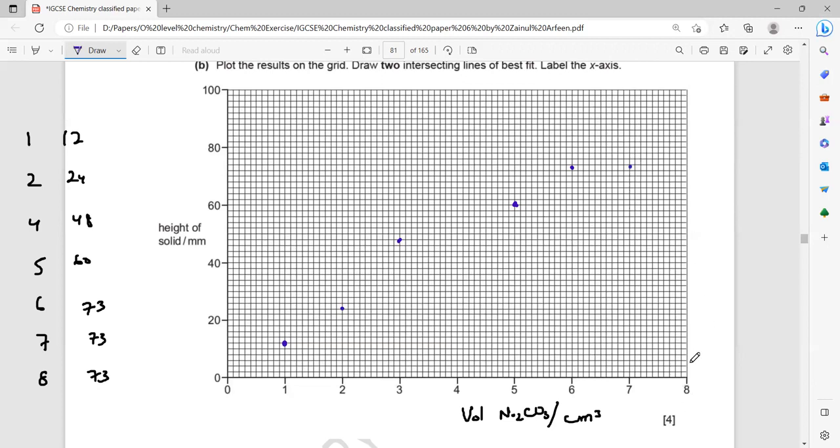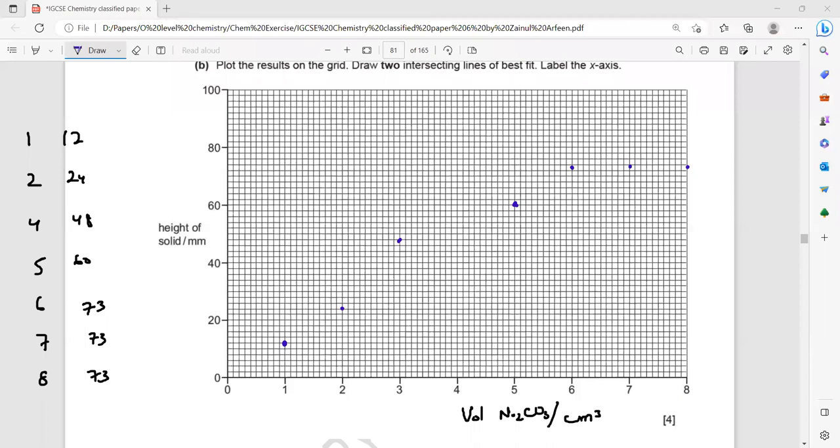And then 8 and 73. So these are the points. Now, whenever you are plotting a graph, if some of the points appear to be anomalous, you will ignore them.